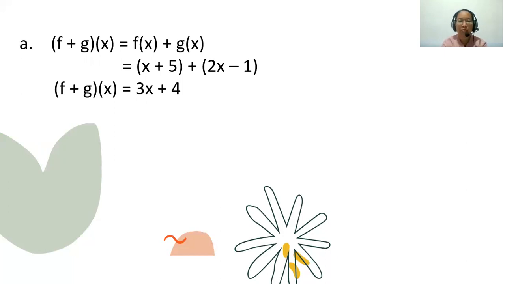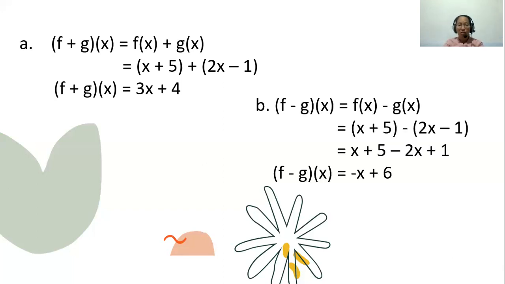Then simplify. By combining similar terms, x + 2x is equal to 3x and 5 - 1 is 4. Therefore, (f + g)(x) is equal to 3x + 4. Very simple.